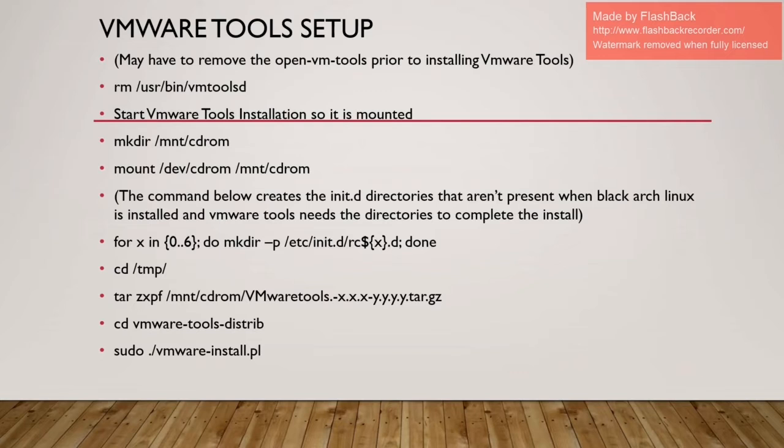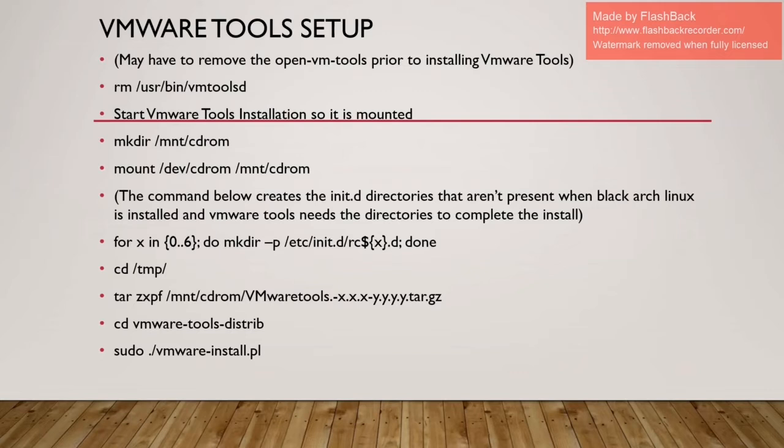If you do not do this and you run VMware Tools, it will run the script, and then about halfway in, it will recognize that VM Tools is available. It will say it must abort the installation script, remove vmtoolsd, and then rerun the installation script.